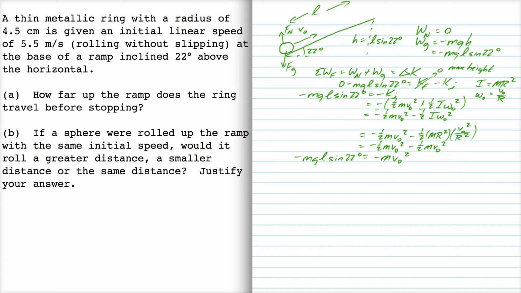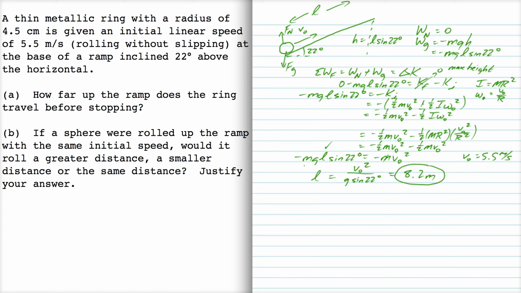And the m cancels. If I solve for L, I get L is equal to v0 squared over g sine 22, which is 8.2 meters. As usual with the work energy theorem, we're left with a single unknown, because the initial velocity was 5.5 meters per second. I guess I never wrote that down anywhere.